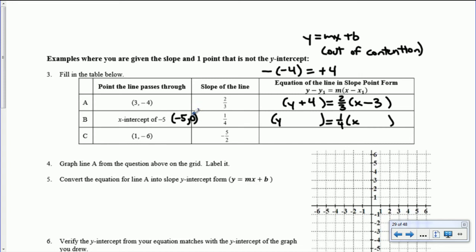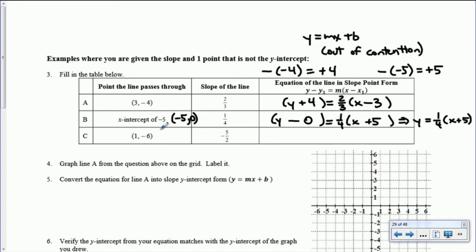My y value here is 0, so I just subtract 0. And my x value is -5, so I subtract -5, right? I put -5 in for x1. If I subtract -5, it's the same as adding 5, so y equals 1/4 times x plus 5.